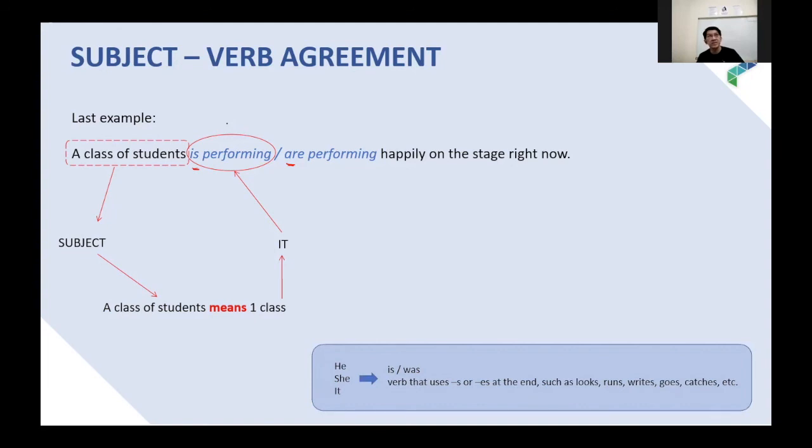For this group of subjects, for he, for she, and for it, we will choose is or was. And in this case, is, because it is present tense. It says here, right now, present tense. So the correct answer for this sentence is a class of students is performing happily on the stage right now.